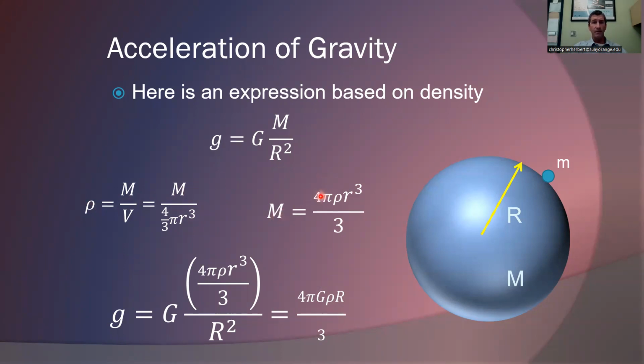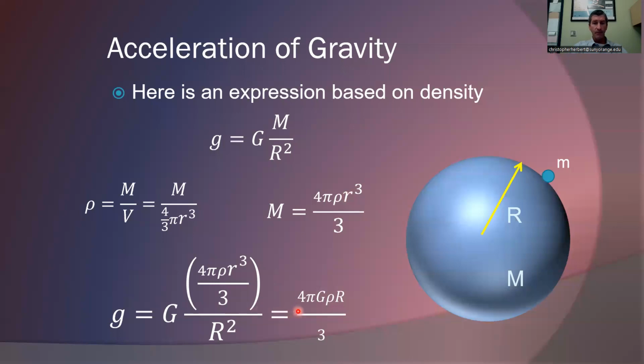The mass of a planet is 4 pi, again, assuming constant density, R cubed over 3. I guess that should be a large R right there. But again, substituting this into here, R would represent the radius of the planet.